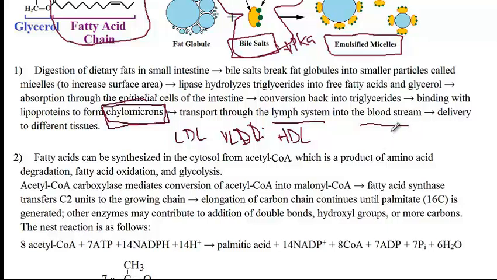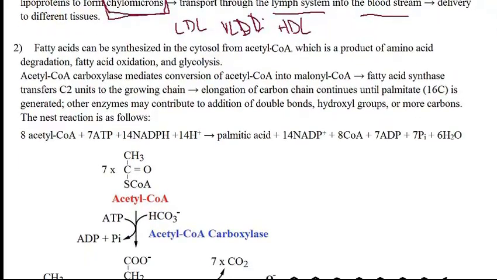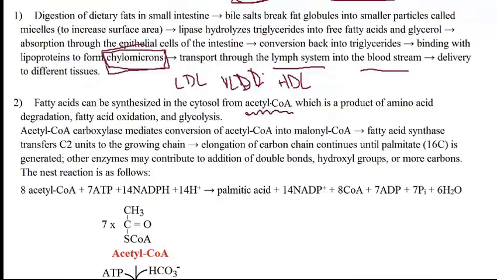Alright, so that's one way of obtaining the fatty acids from the diet. The second way is creating our own fatty acids. Fatty acids can be synthesized in the cytosol from acetyl coenzyme A, which is a product of amino acid degradation, fatty acid oxidation, or glycolysis.